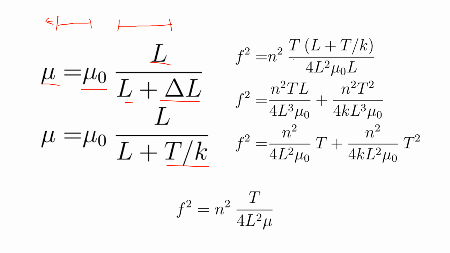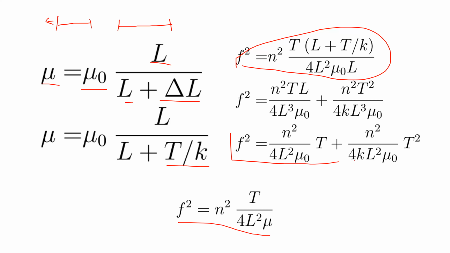So if we replace this with the original formula we had, which is this one down here, we get this formula right here. And by just replacing and reducing terms, we get this final formula. So as you can see, the tension is not a linear variable compared to the square of frequency. It's actually a squared variable. It's a parabola, not a straight line.